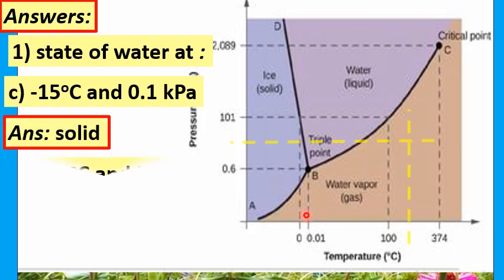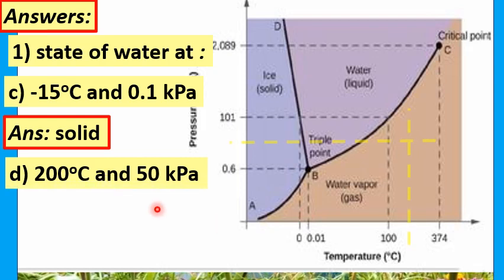And the last question, for letter D, the conditions are the temperature is 200 degrees Celsius. So in our graph, that's approximately at this point. So the highlighted broken line is drawn vertically, while the pressure 50 kilopascal is approximately at this point in the y-axis.